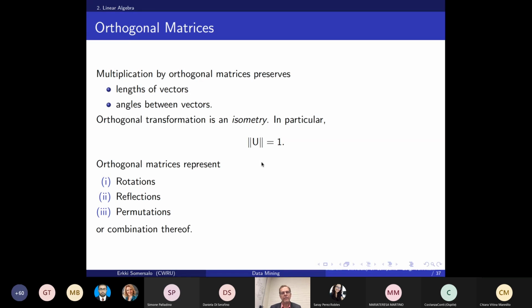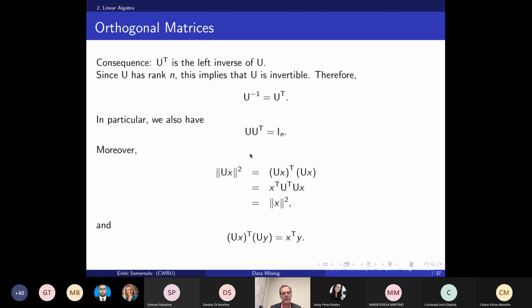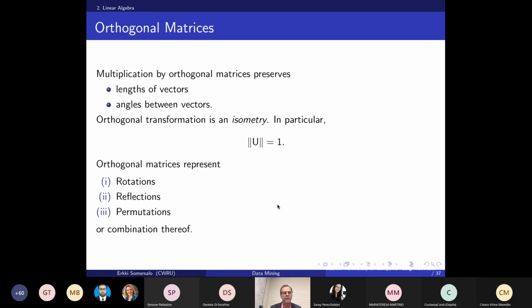So it is a matrix whose norm is 1. Remember what the induced norm of a matrix meant. It meant that you are measuring how much the matrix is capable of stretching vectors. Well, an orthogonal matrix is not stretching nor shrinking. So you see here that it is keeping the length of the vector. Therefore, the norm of this matrix must be 1.